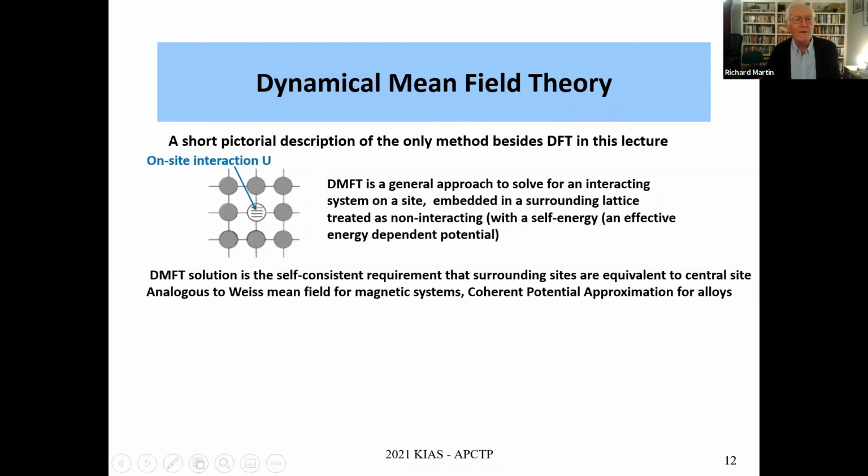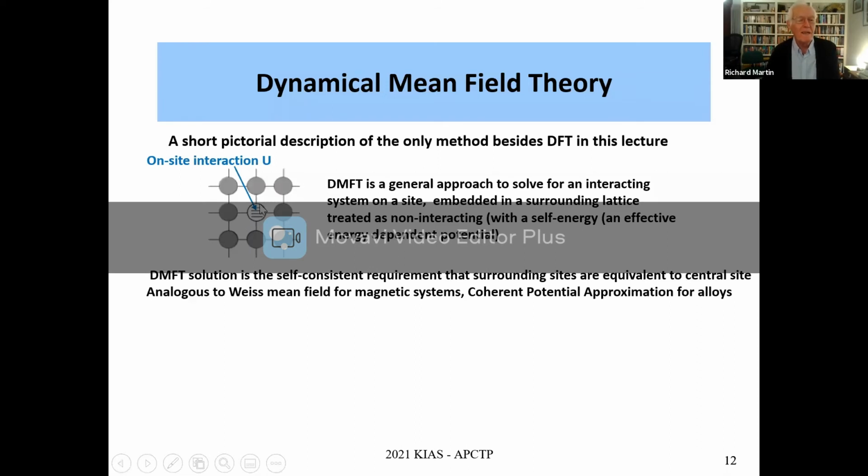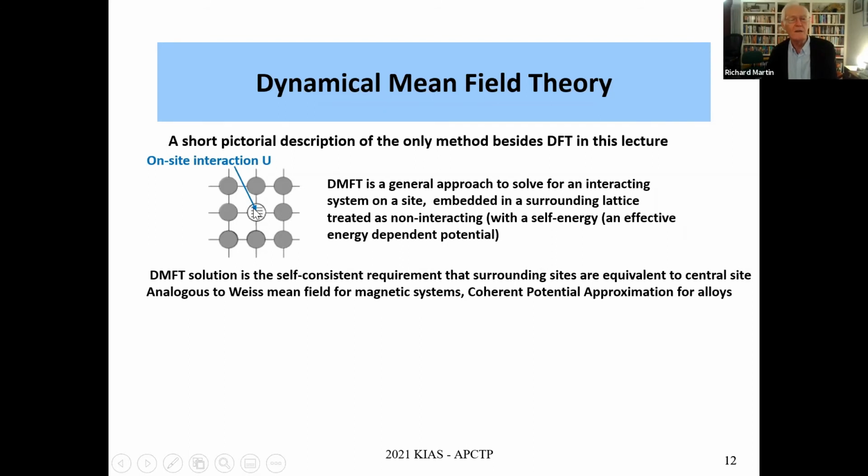Dynamical mean field theory is to consider a site that's embedded in a medium that's a non-interacting system, but very much like that Kondo problem. If you just treat this as a surrounding medium and an impurity problem, then it's the way you could solve the real Kondo impurity problems.